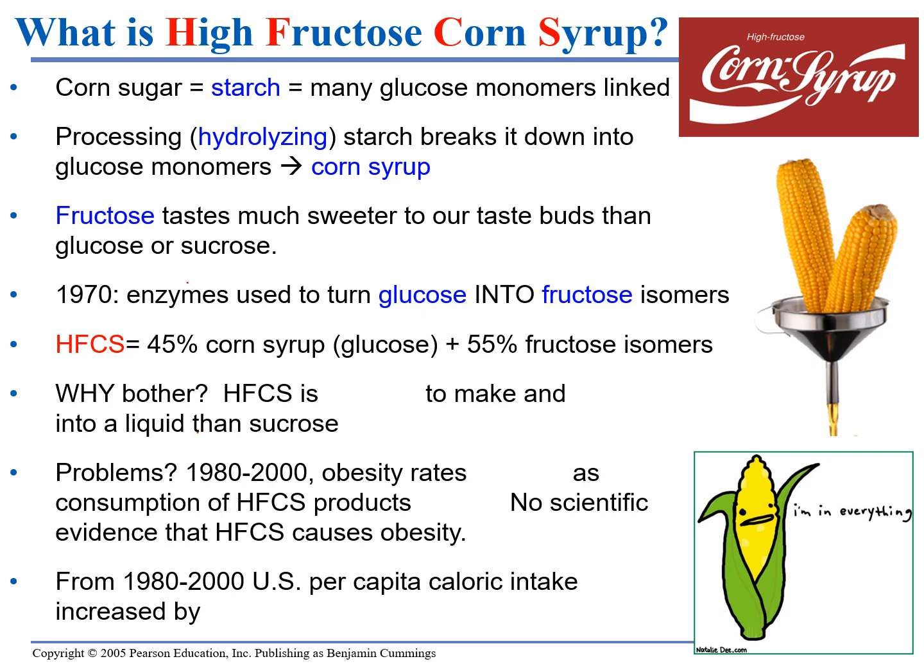So why bother using high fructose corn syrup? Well, high fructose corn syrup is cheaper to make and easier to mix into a liquid than sucrose. The problems with high fructose corn syrups were that from 1980 through the 2000s, obesity rates doubled, and consumption of high fructose corn syrup products tripled.